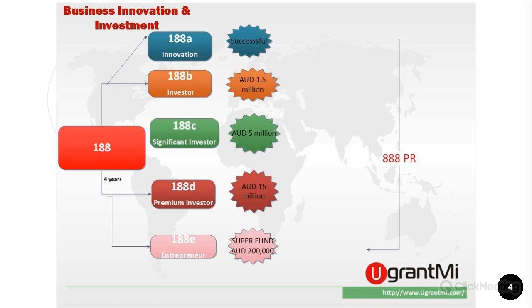The percentage will be provided later. So I'll just give you quite a quick idea of a 188C type visa. The significant investor just needs to demonstrate that they actually have 5 million to be transferred, and that these 5 million have been legally acquired. Legally acquired is a really hard one to prove, of course, but we'll talk about that in detail.